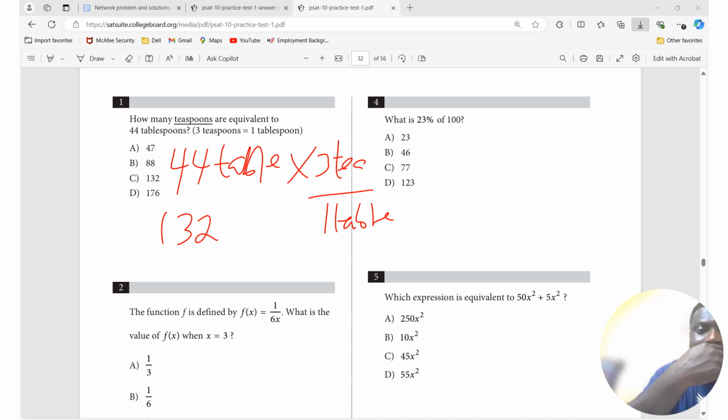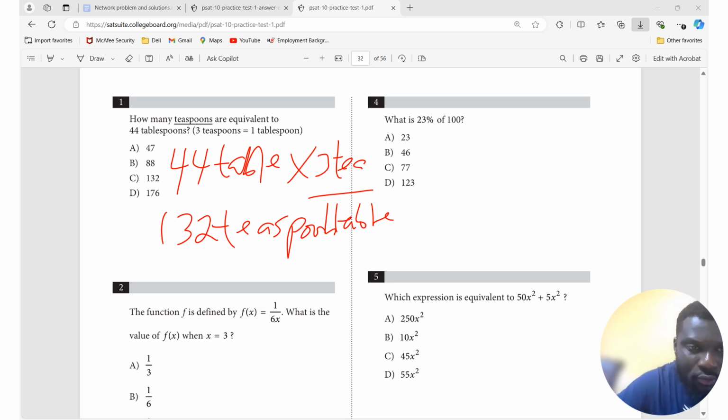So the answer will be 132 teaspoons. Okay, so that is that.